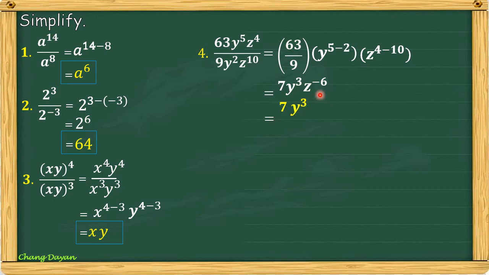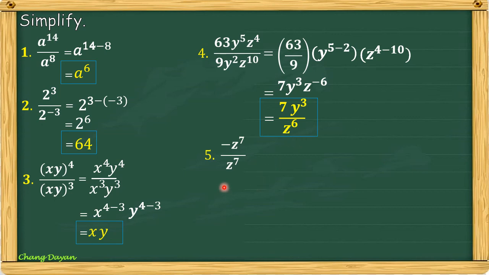Ang gagawin lang dyan ay, let's copy this too. Ilalagay natin sa ating denominator dahil yan po ang reciprocal. Okay, therefore our answer is 7 y cubed all over z raised to the 6th power.